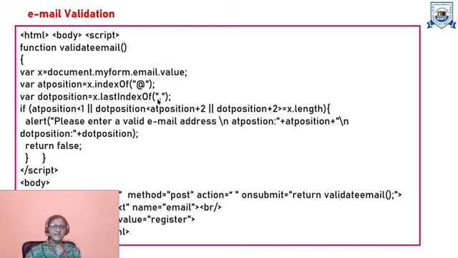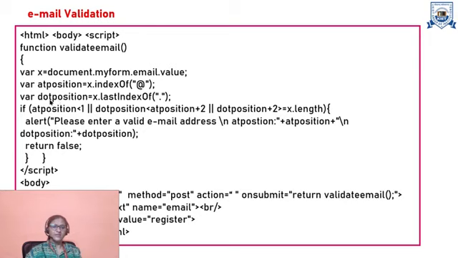We need only one at-the-rate symbol, but dots can be more than one, so we can move to the last index, because after the last dot symbol we have to give at least two characters, since your domain name must include two or more characters. Let's see. So in this variable at position, we are storing the index of the at-the-rate symbol.